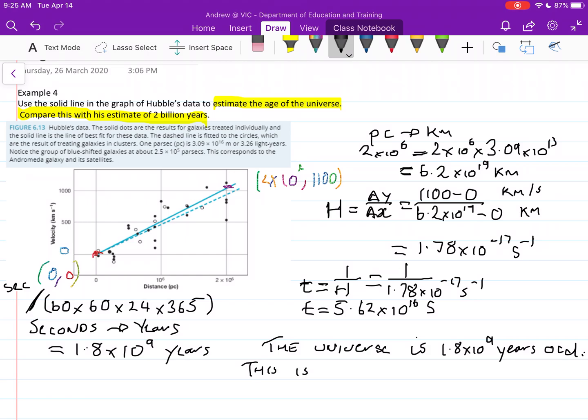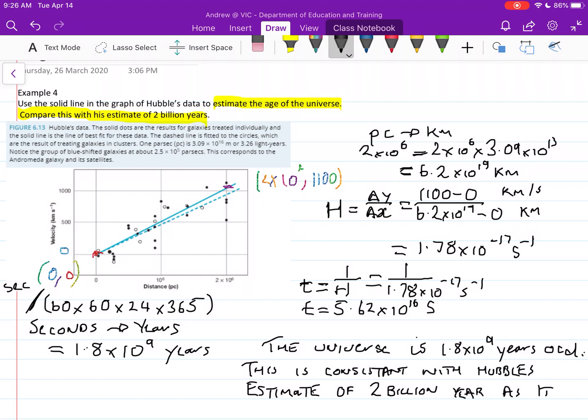So this is consistent with Hubble's estimate of 2 billion years, as it is 2 billion years to one sig fig.